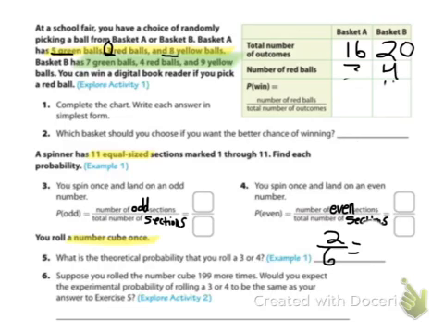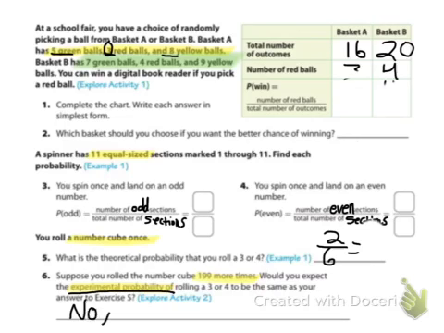Suppose you roll the number cube 199 more times. Would you expect the experimental probability of rolling a 3 or 4 to be the same as your answer to exercise 5? Now this is important because it's talking about experimental probability. Experimental probability is based on what actually happens. So do we expect it to be exact?